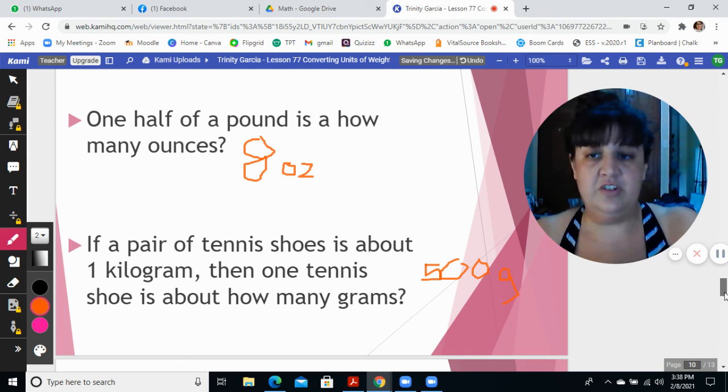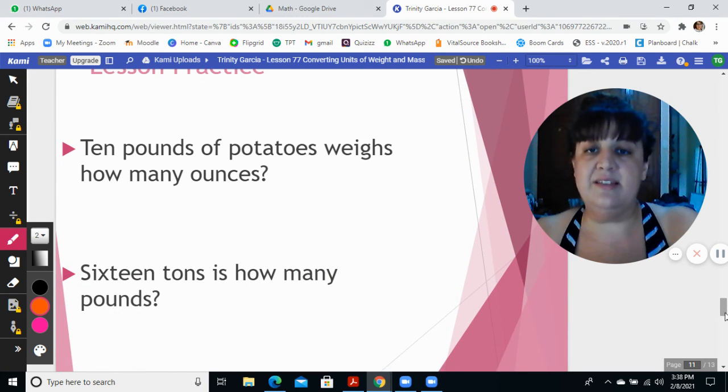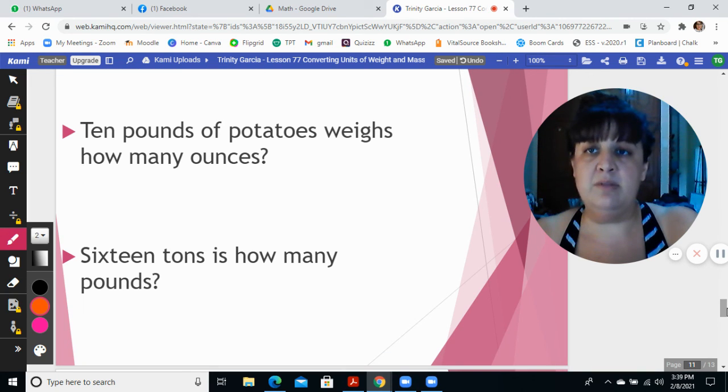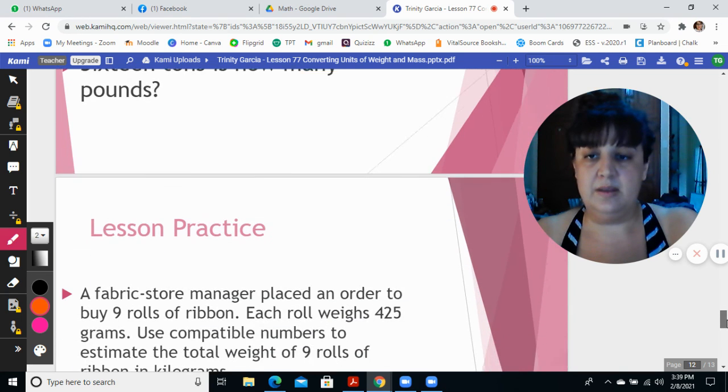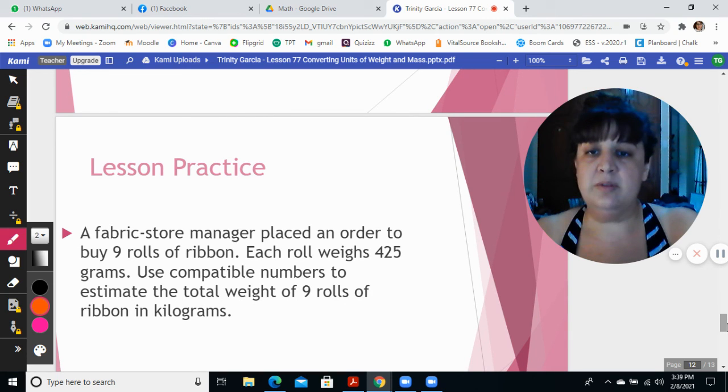All right, these ones you're going to do on your own. 10 pounds of potatoes weighs how many ounces? You're going to need to use your chart and do some math. Letter D, 16 tons is about how many pounds? And letter E, a fabric store manager placed an order to buy 9 rolls of ribbon.